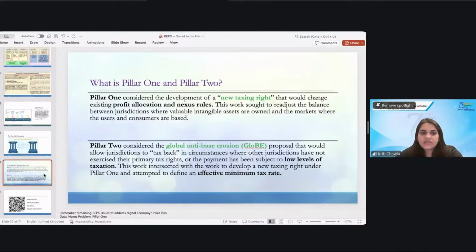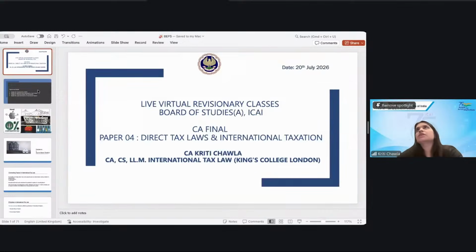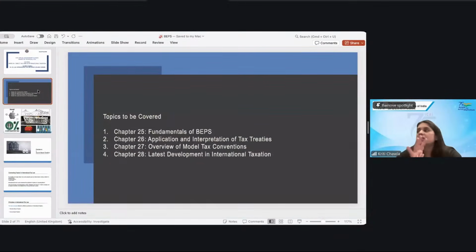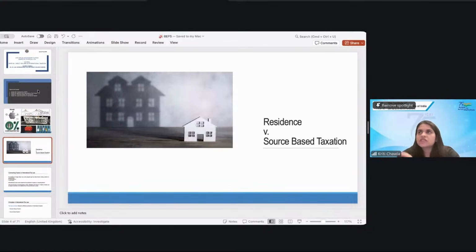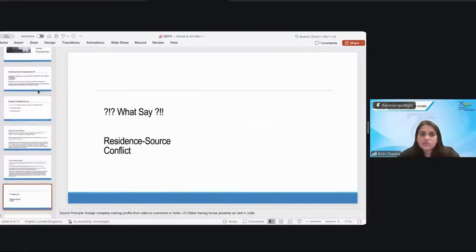This is where we were discussing the latest developments in international taxation. And what we've done through this particular slide deck today is to understand these four chapters. We started with the four chapters relating to BEPS, tax treaties, model taxation convention, and some latest developments in international taxation. So we started with basic concepts in international taxation, which was residence and source-based taxation.